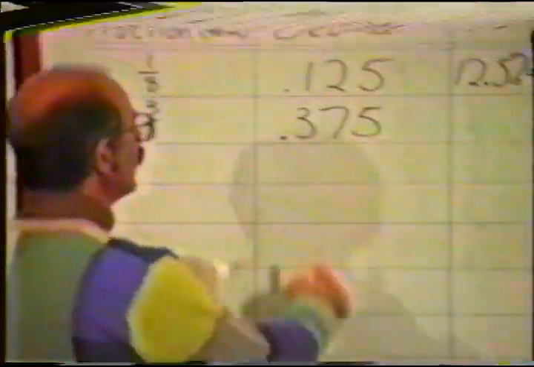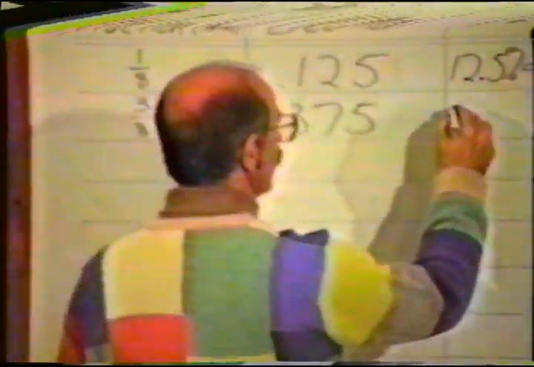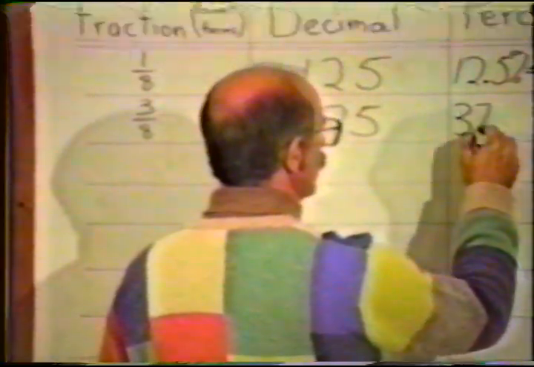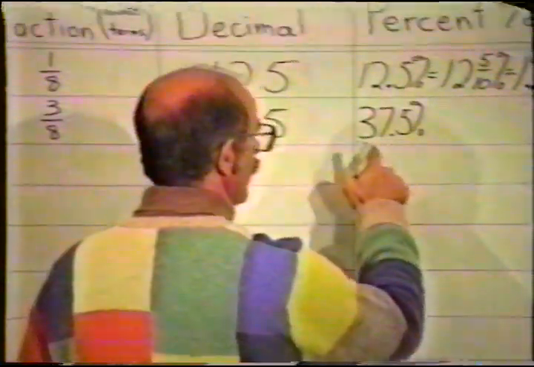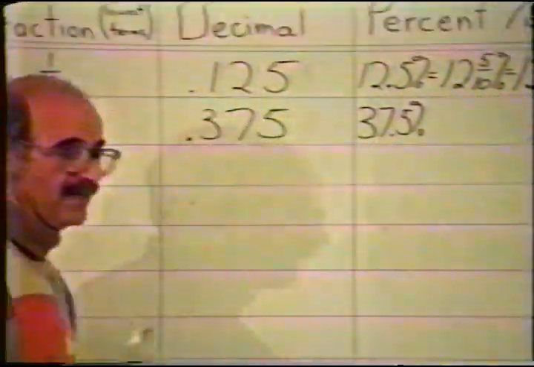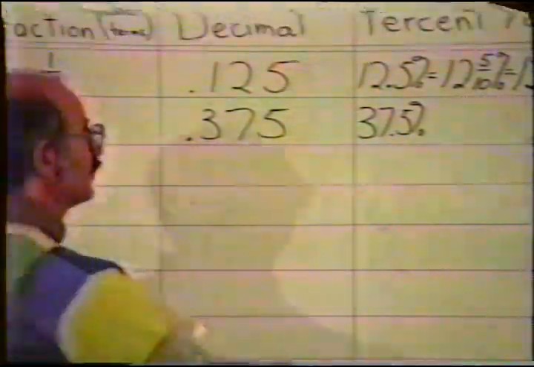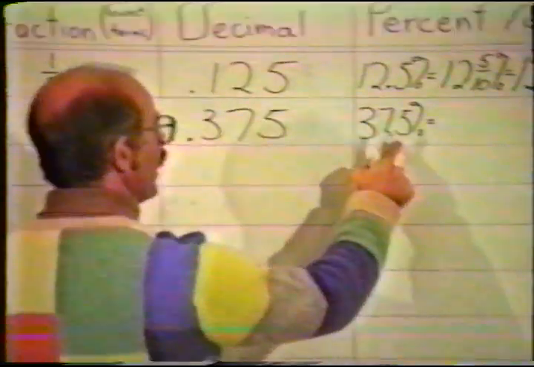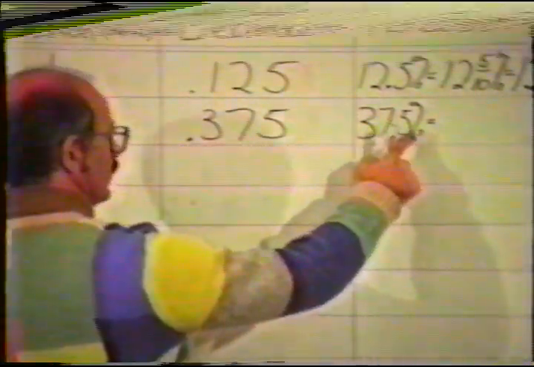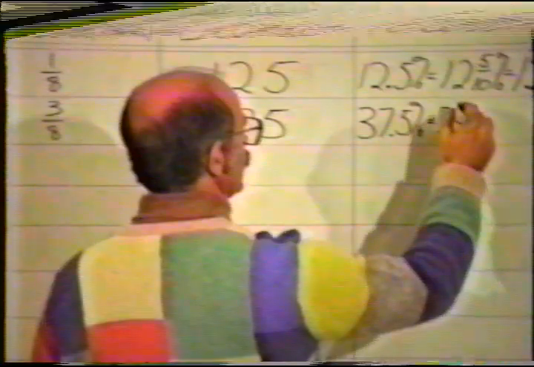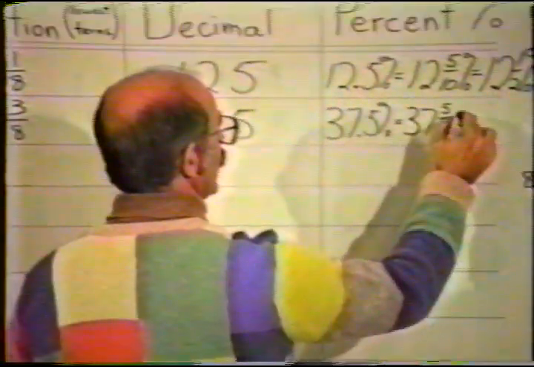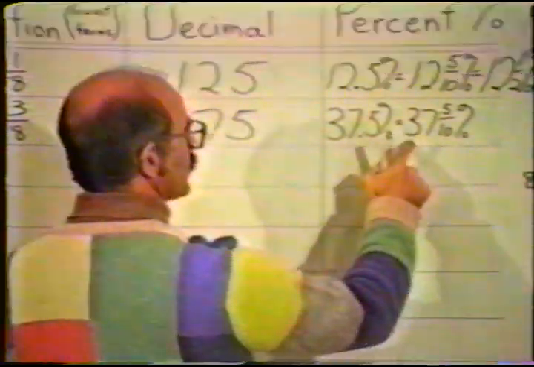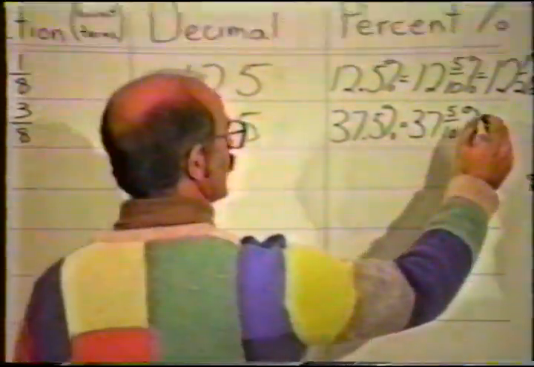375 thousandths. Moving the decimal point 2 places to the right, we get 37.5%. And how do we read that number? 37 and 5/10%. And I will change the decimal part of that to a fraction and still read it 37 and 5/10%.